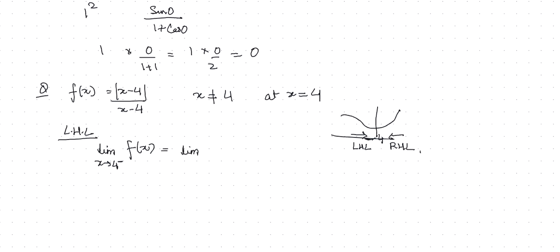Now x plus h is 4 here. Okay. So x is, for the left-hand, equal to 4 minus h, because h is a very small distance and x is somewhere here, less than 4. So instead of x, we can put 4 minus h.